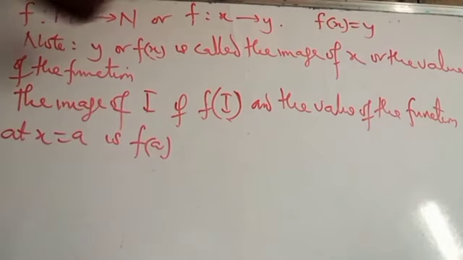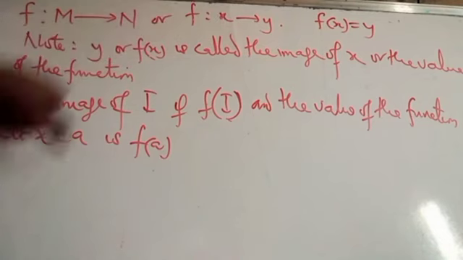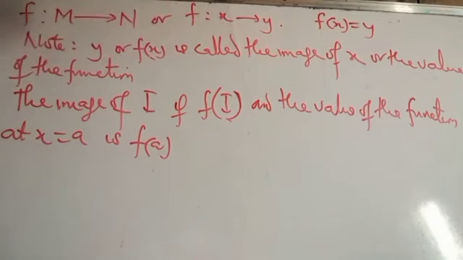Okay, so maybe here we have x equals a, and I is the image. An image is just elements in the codomain. Just like you are standing in front of the mirror, you see your image. So the mirror is the function, you are representing the domain, while the image being produced is coming from your reflection.